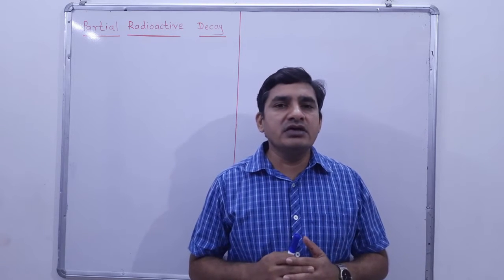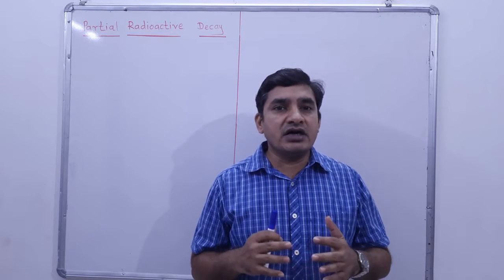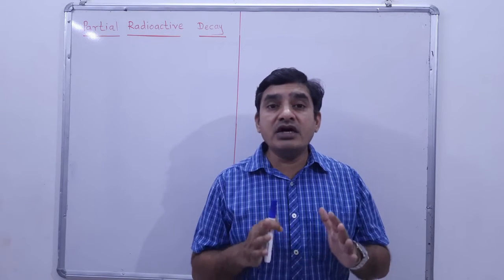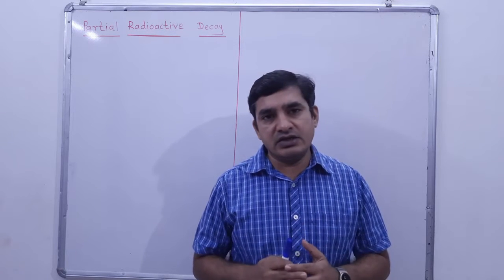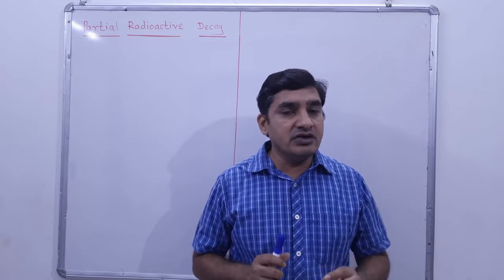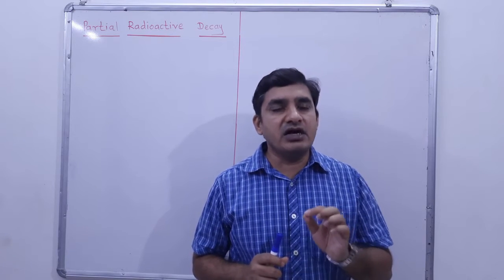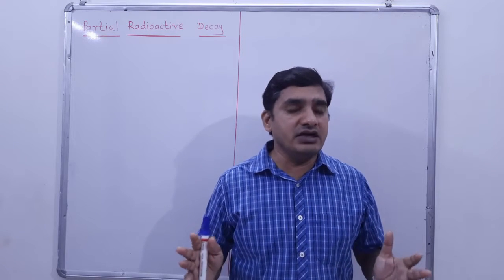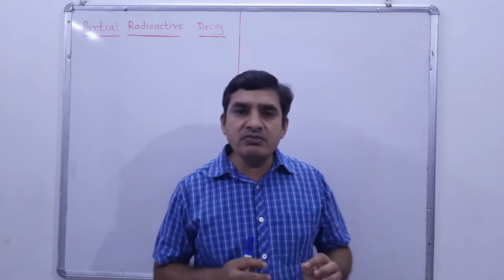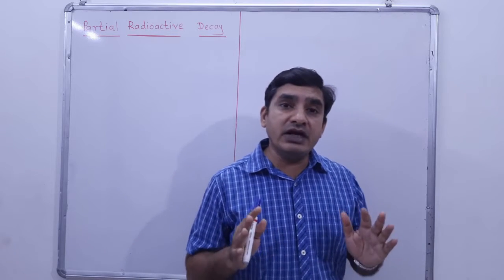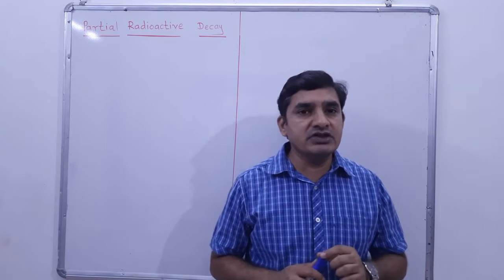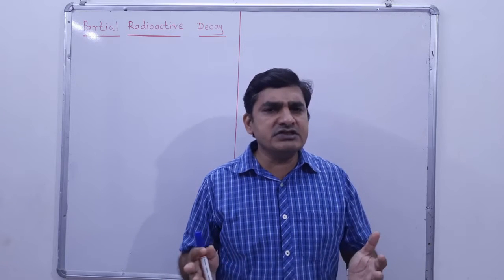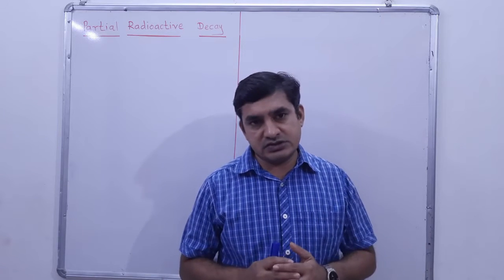We know that radioactive elements have unstable nuclei and therefore they can emit alpha particles, beta particles and gamma radiation. Some radioactive elements emit only alpha particles, then it is an alpha source.